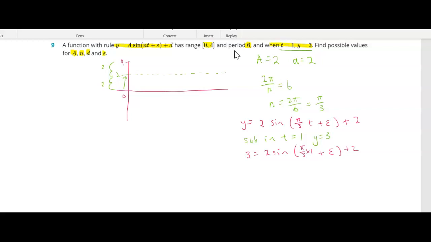If you wanted to, you could solve this by hand. So maybe let's solve this by hand. All right. So we're going to have 2 sine (pi on 3 plus e) plus 2 equals 3. All right, so let's quickly solve. So we're going to divide both sides. Oh, no, sorry, let's get rid of that first.